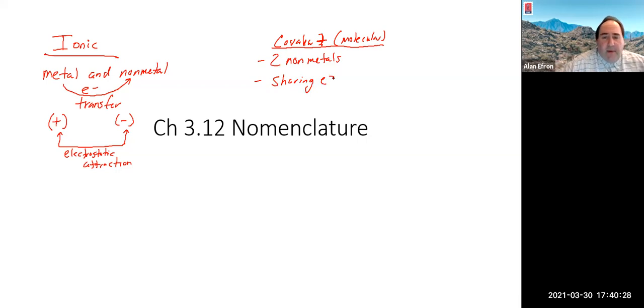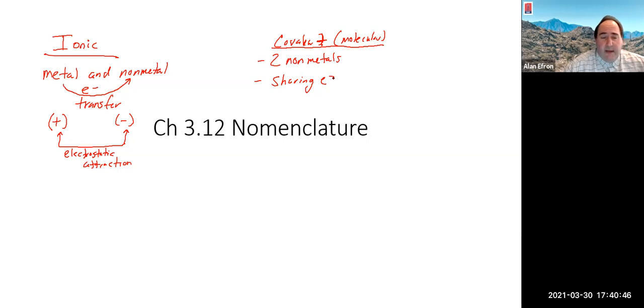That sharing may be equal, which creates a non-polar covalent bond, or it may be unequal, which creates the polar covalent bond.